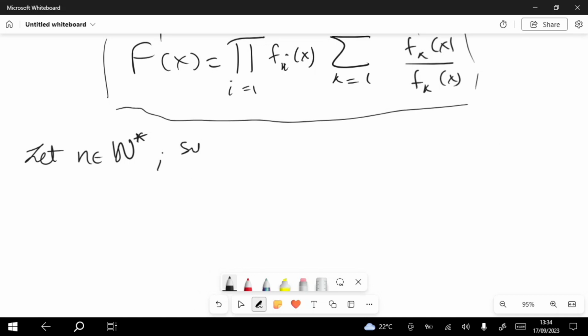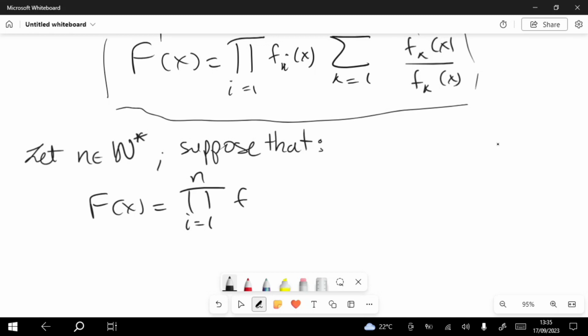So suppose that f of x equals the product as i goes from 1 all the way to n of f sub i of x.